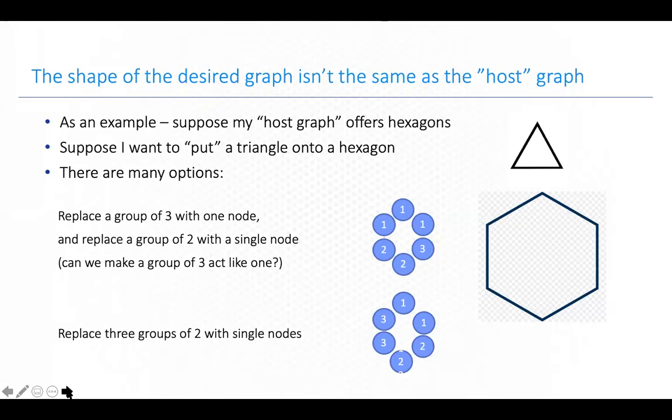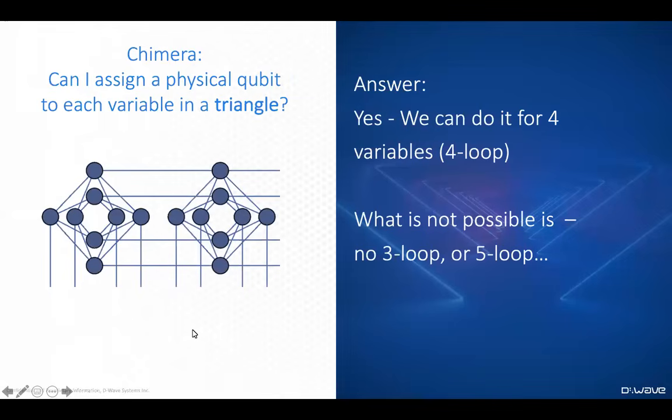So now let's go on to D-Wave. Suppose that my simple little problem is a triangle. Can I assign a single physical qubit to each variable in the triangle on this particular architecture that I have shown here?